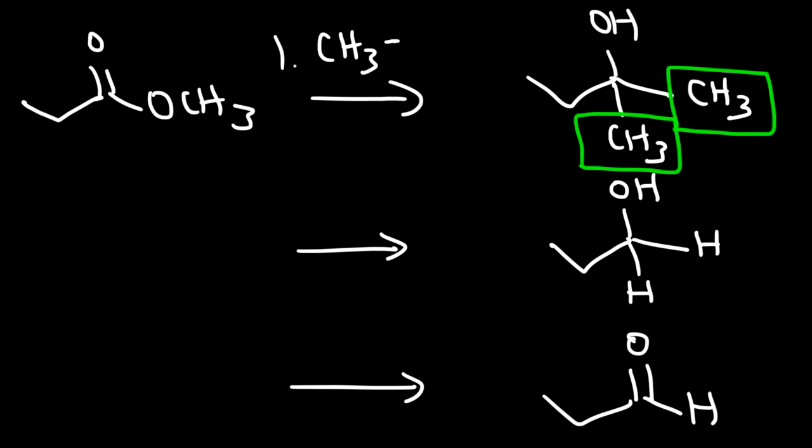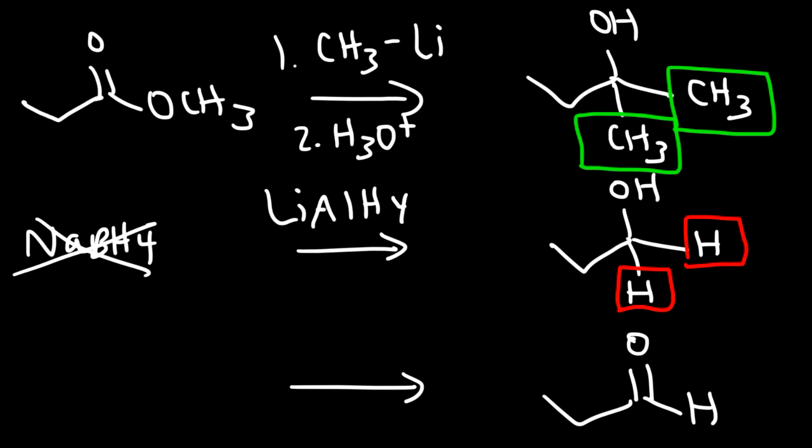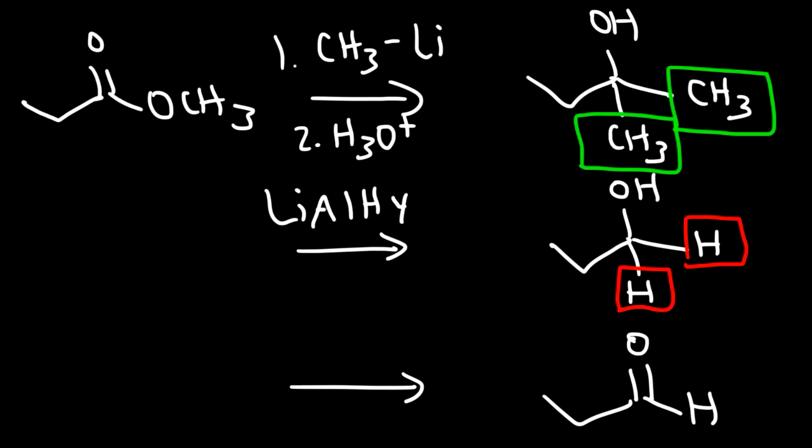So let's use 2 equivalents of the organolithium reagent, followed by H3O+. Now, to add 2 hydride ions, we need to use lithium aluminum hydride. We can't use sodium borohydride, that is NaBH4. NaBH4 can reduce aldehydes and ketones and acid chlorides, but it can't reduce esters. It's not strong enough. Esters are less reactive than aldehydes, ketones, and acid chlorides.